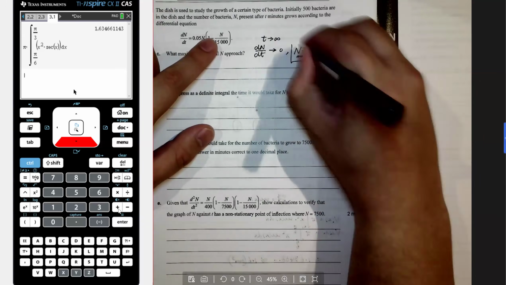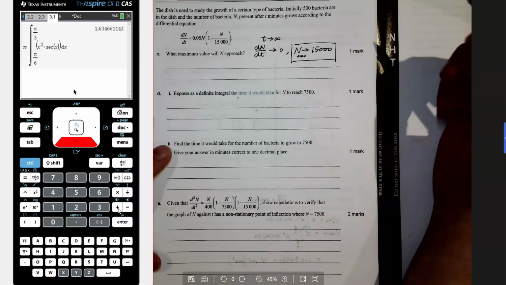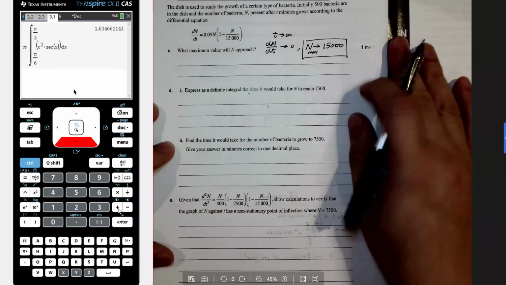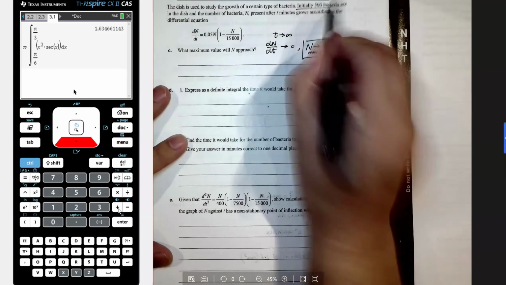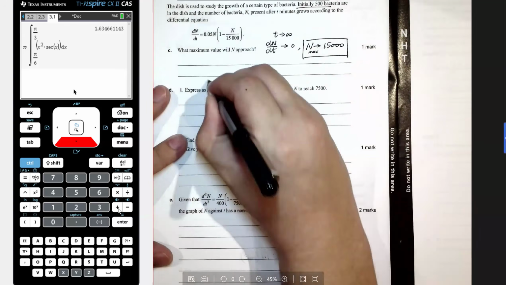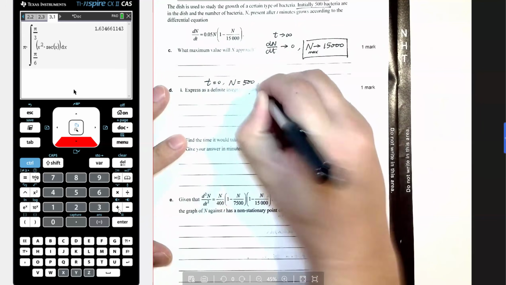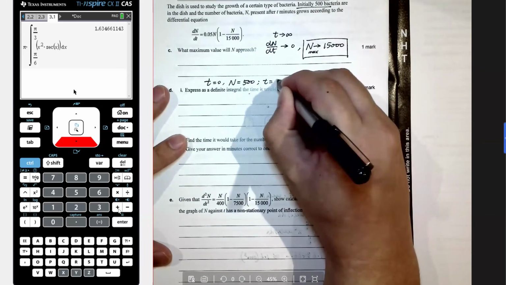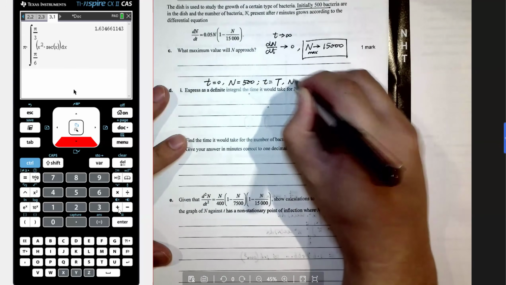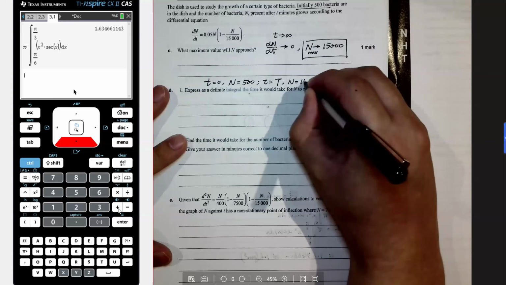Okay, so that is the maximum upper bound population. Initially 500 bacteria, so t equals 0, n equals 500.